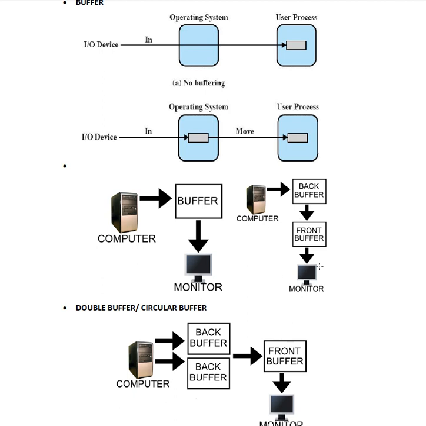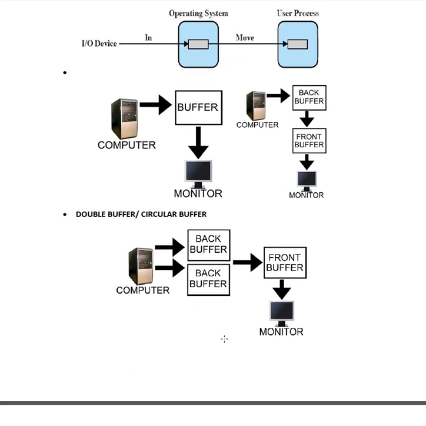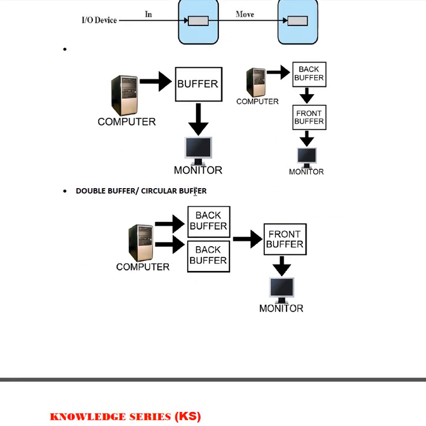So there is another type of buffer placement. You have a back buffer and a front buffer, so that you get a boost in data transfer speed, and the monitor does not get congested because of data overload. There is another way: the double buffer or the circular buffer.